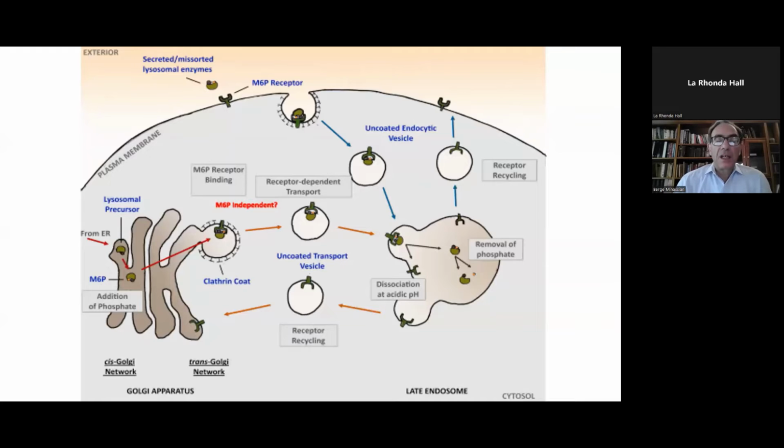Now, the cells have a way of recapturing these so that they're not wasted, and so there's a mannose-6-phosphate receptor at the cell surface. And so the protein swims in the interstitial fluid, and then is captured by other cells and internalized and transported back to lysosomes.